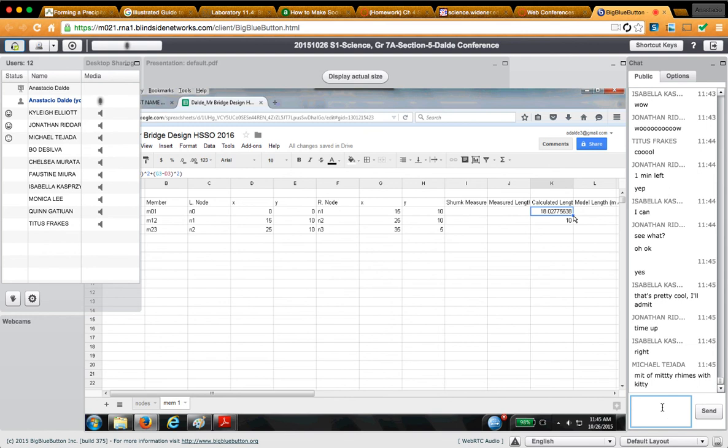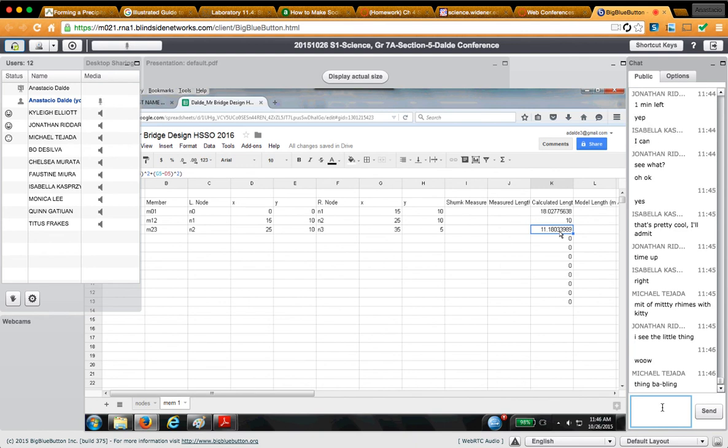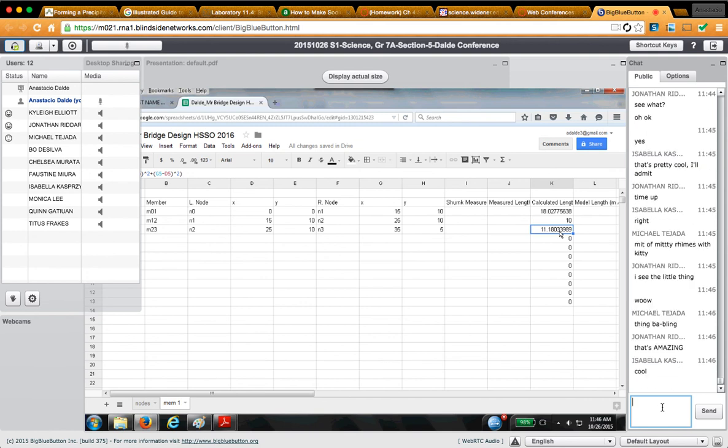You can see that on this computer, but it doesn't appear on this thing. I'm going to drag it down. And my answer is 11.1803389. The computer is doing all of the work for me. That's pretty cool. Now I don't have to do the Pythagorean theorem.